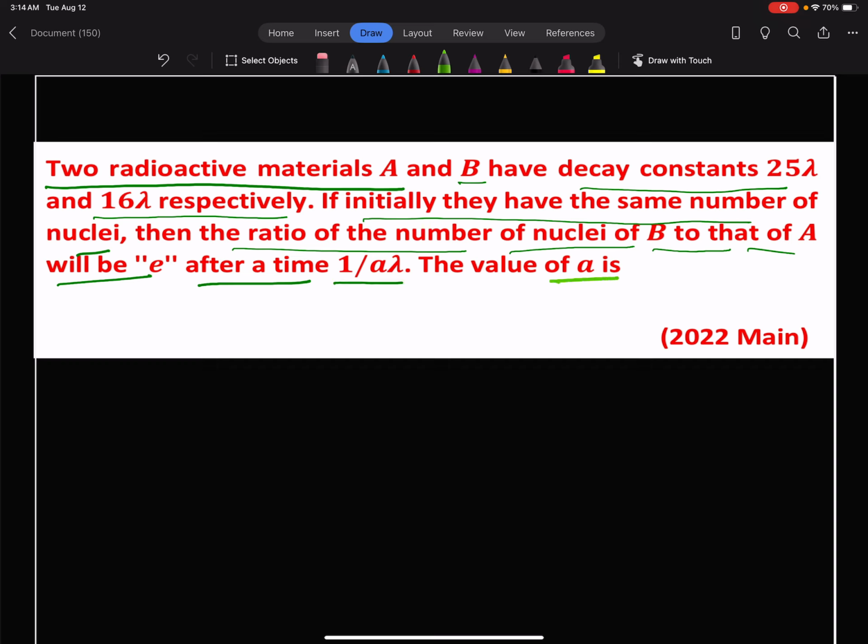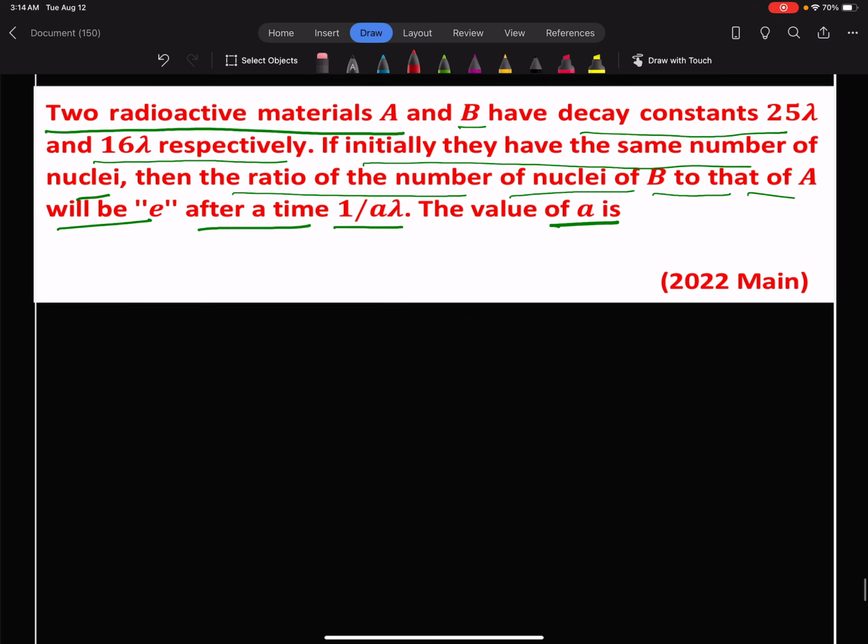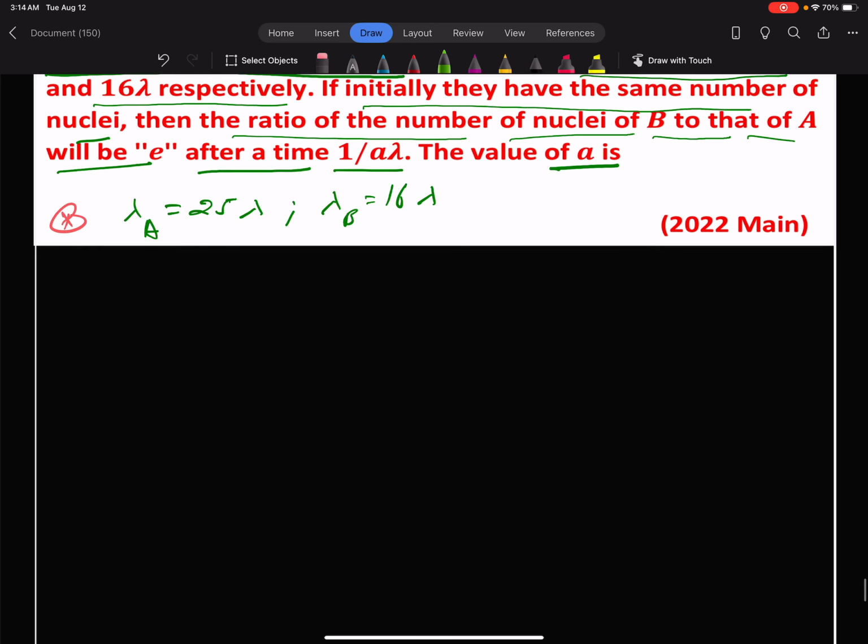We have to find the value of A. So we have two materials A and B and their respective decay constants. Therefore the decay constant for A is 25 lambda and for B is 16 lambda, and it states that initially they have the same number of nuclei.